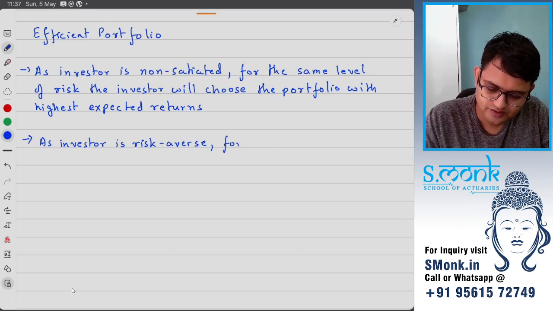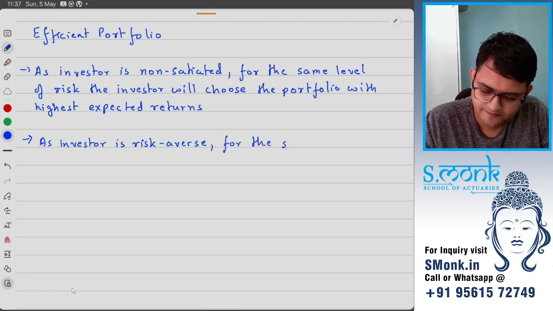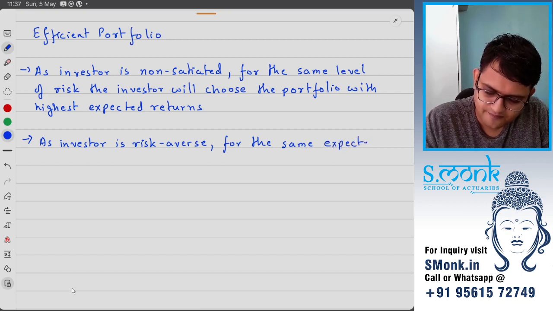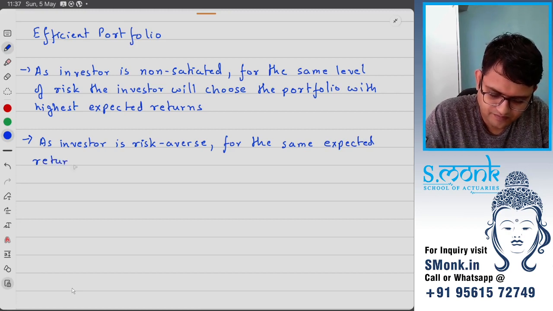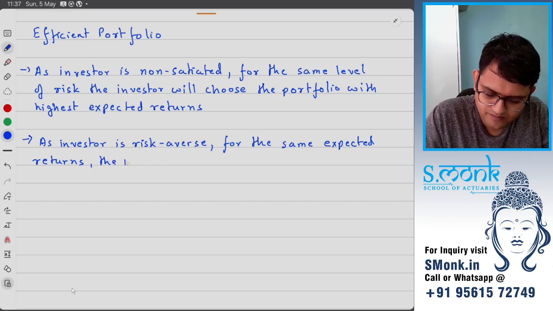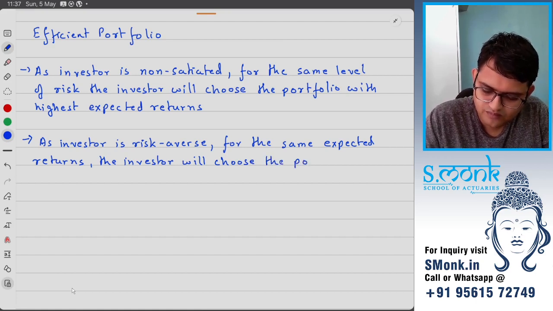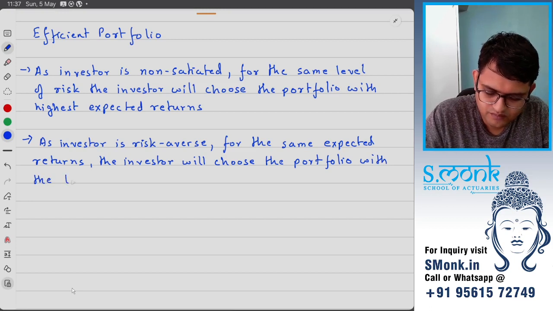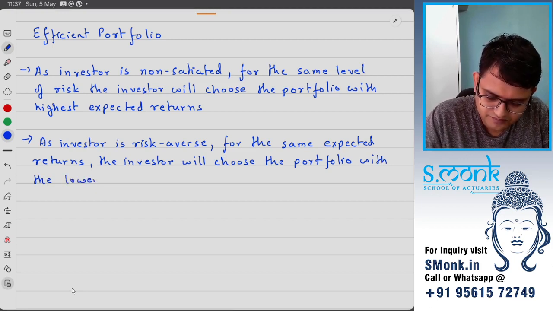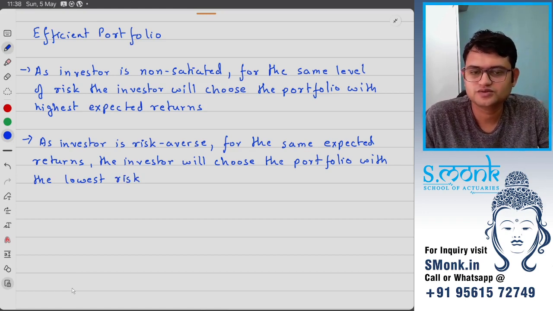Okay. So the investor will choose the portfolio with the lowest risk.